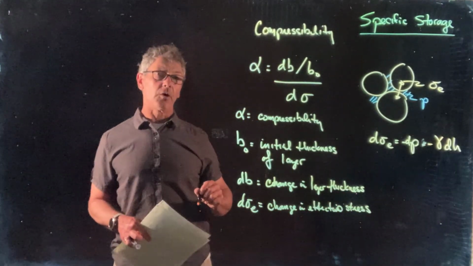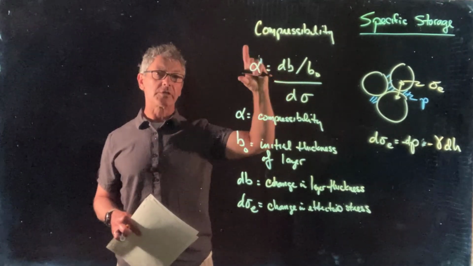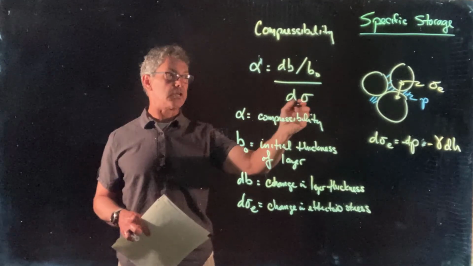Okay, so the compressibility, alpha, is showing us how much the thickness changes relative to the change in the effective stress.